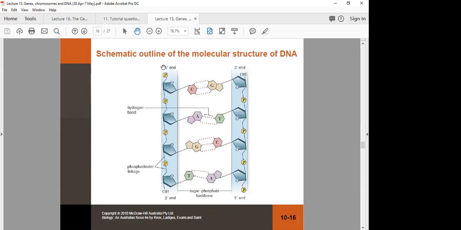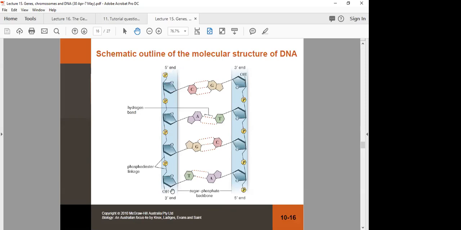We spoke last week about the 2 distinct ends of each strand of DNA. So we call this the 5' end because this free phosphate group here, which is not bound to anything, is attached to the 5' carbon of the sugar group. That's why we say this is the 5' end.